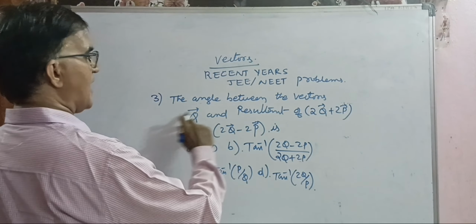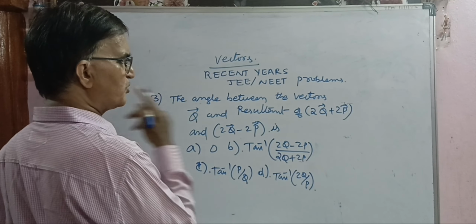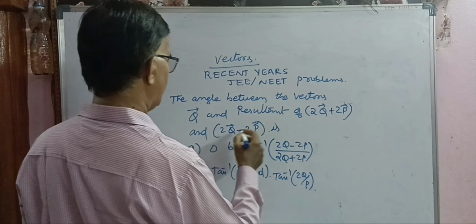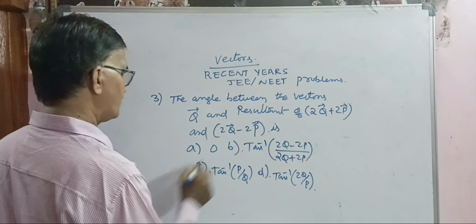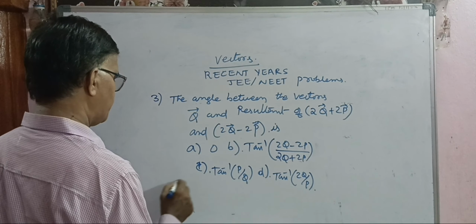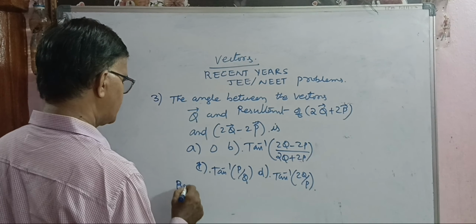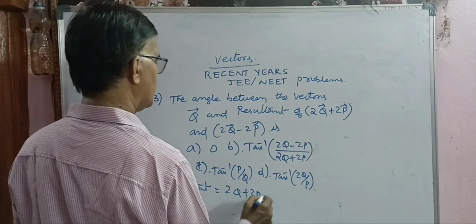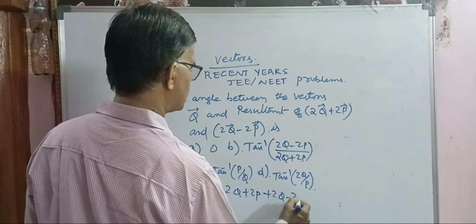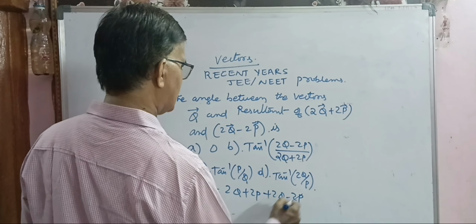So here, the angle between the vector Q and the resultant of 2Q plus 2P and 2Q minus 2P. Now the resultant is given by the sum of the two vectors, 2Q plus 2P plus 2Q minus 2P. So what is the answer you get here? 4Q.